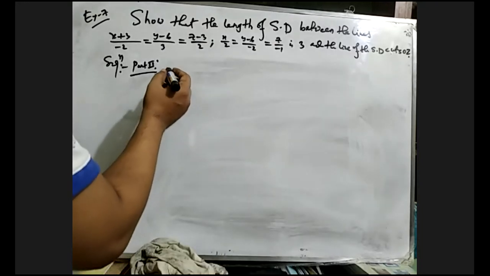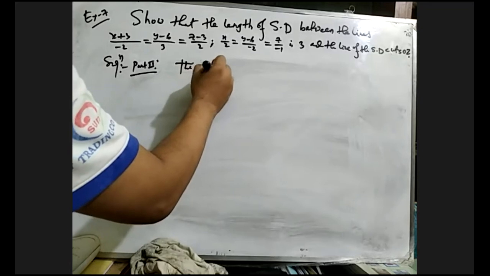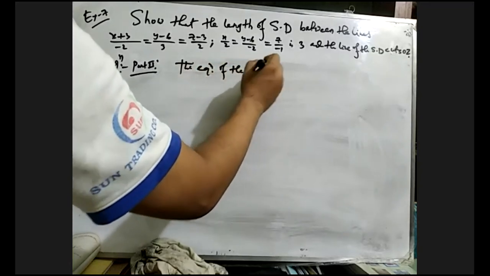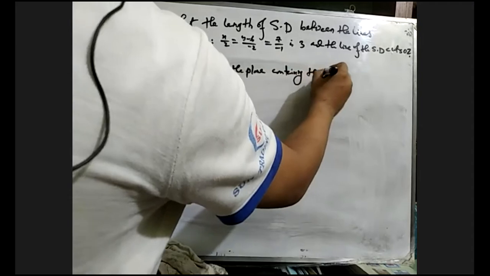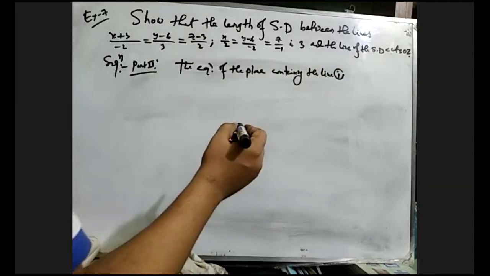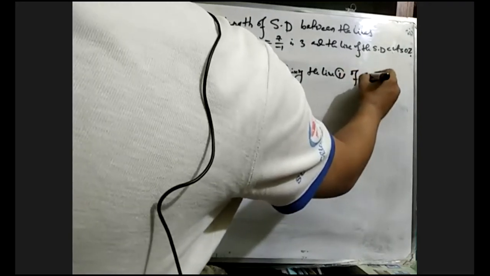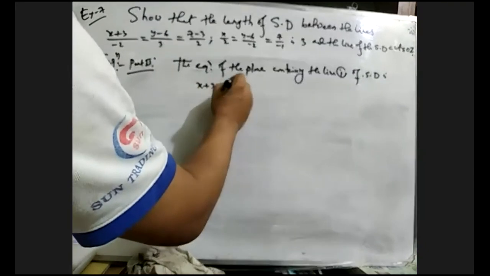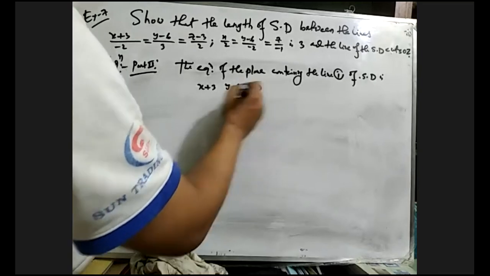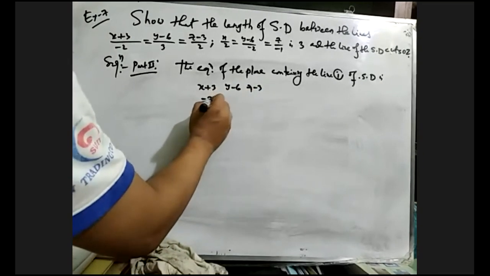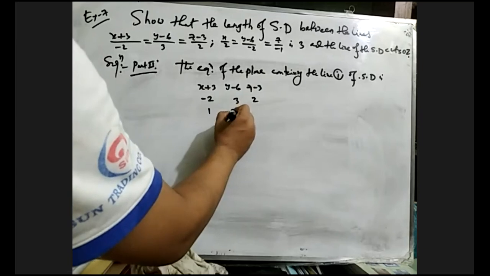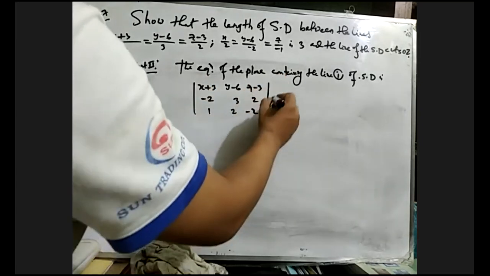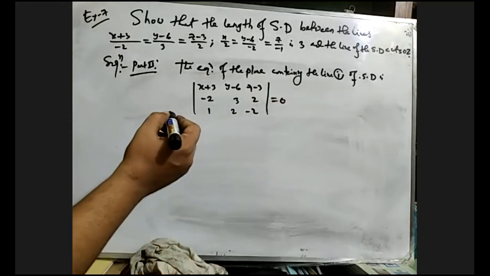That means the equation of the plane containing line 1 of shortest distance will be: from line 1, x plus 3, y minus 6, z minus 3, this is from line 1, the variable point, then minus 2, 3, 2, and 1, 2, minus 2. This is the equation of the plane.